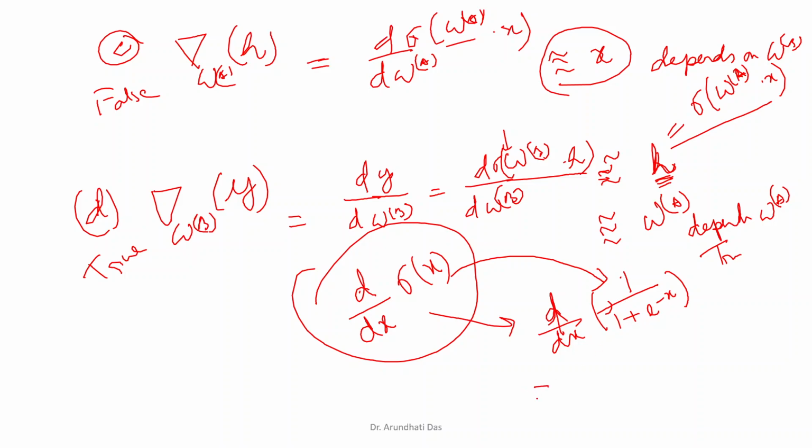So this final term will give me a calculation something like this: sigma of x multiplied by 1 minus sigma of x. How do we end up with this function? If we step by step apply the derivative on the exponentiation term, then we end up here.